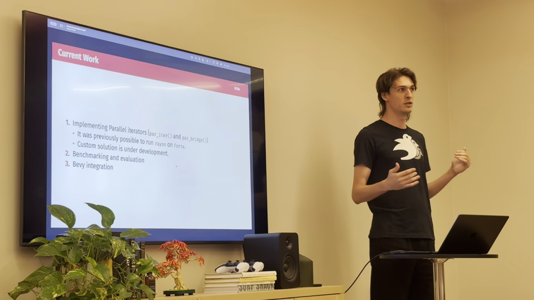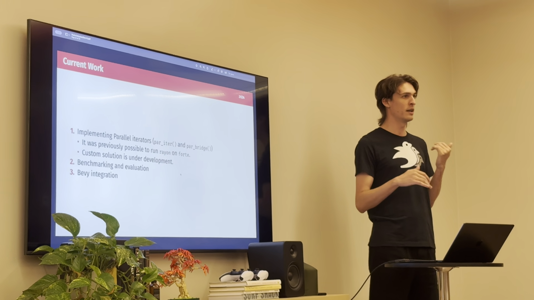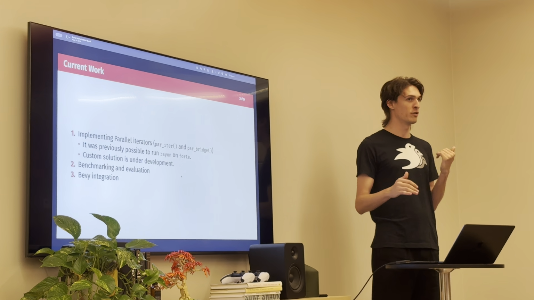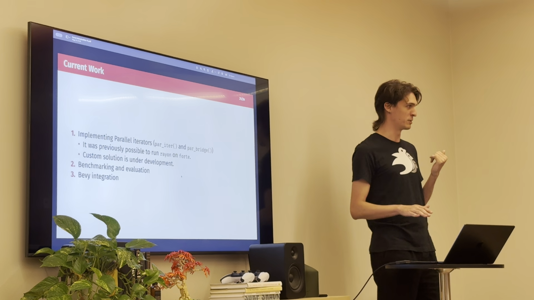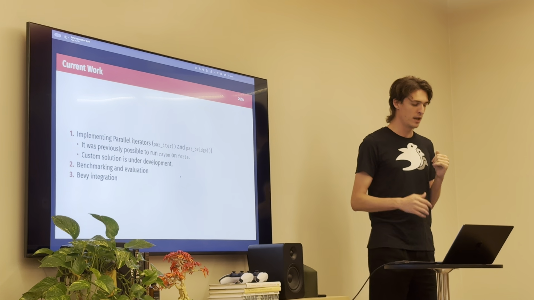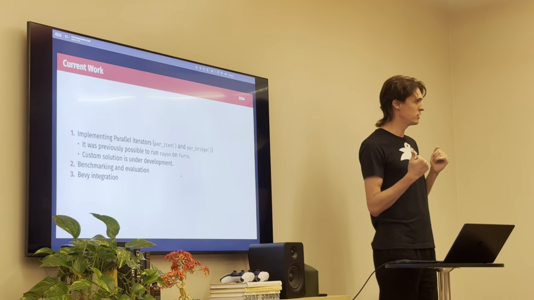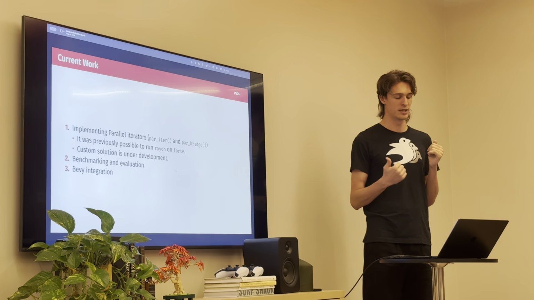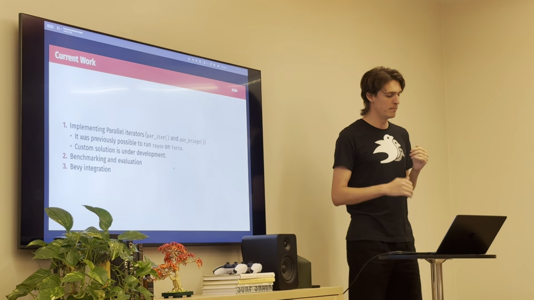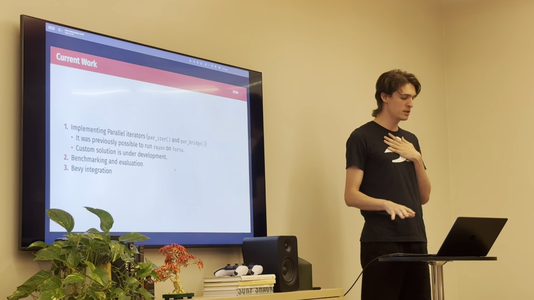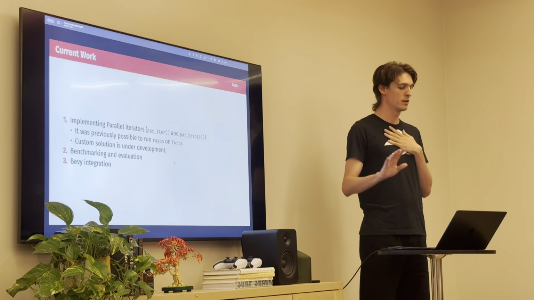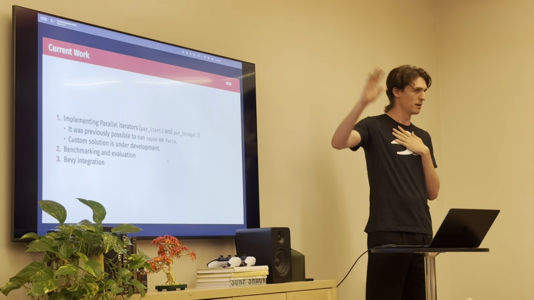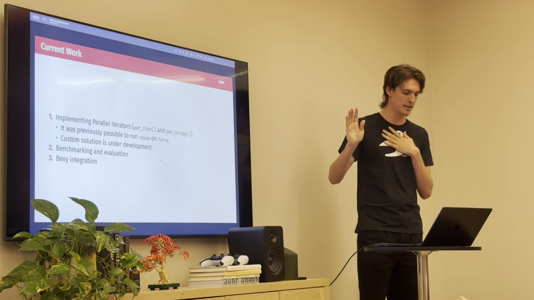But the CPU usage, especially for some of the unoptimized cases, is like an order of magnitude lower with not that much performance difference. However, I've had to make some changes to the API. It's still evolving, and so it's no longer possible to run it directly on top of Rayon. And also, there are some other approaches that I want to try that involve creating my own version of the Rayon top-level stuff. That's in development.